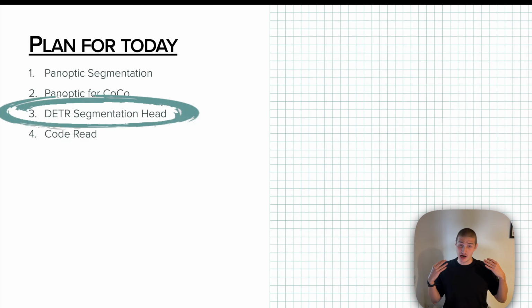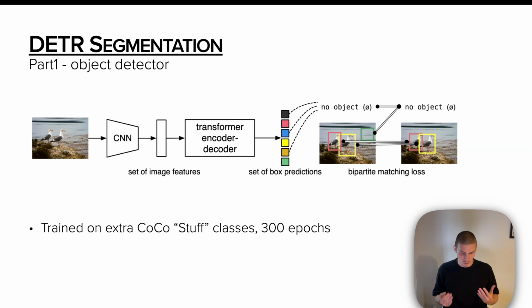And now let's talk about how data is actually used for segmentation. First of all, we now have extra classes, extra labels for our dataset. So DETR for panoptic segmentation is trained from scratch on these new annotations, on this modified version of the dataset with extra classes, in the same setting as before.